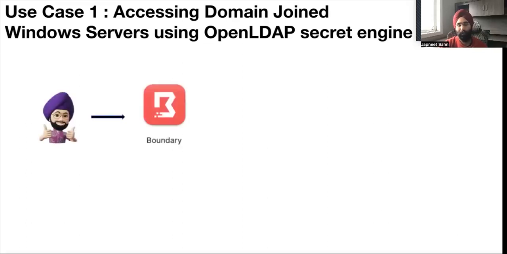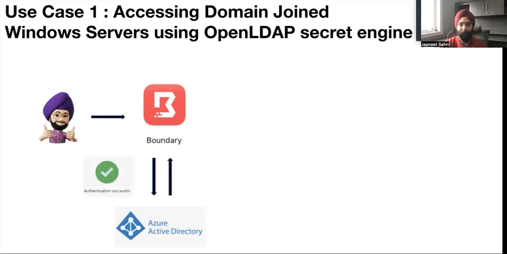So the Boundary user will connect to the Boundary desktop application. Once he's connected to the Boundary desktop app, he's going to authenticate himself by the authentication method which the Boundary administrators might have configured. So in our case, let's take an example that the authentication method is Azure Active Directory. Once the Boundary user is authenticated using Azure Active Directory, the next thing he's going to see is a set of hosts to which he is authorized to make a connection, right?